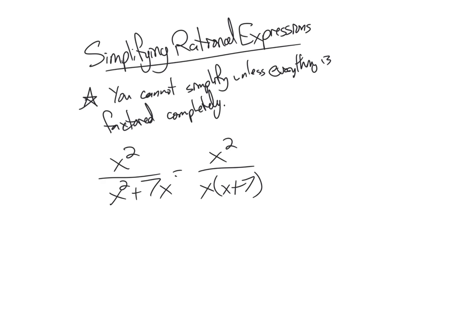Then I can say, oh, we're going to take one of these x's and simplify it with this x. And that will leave us with x over x plus 7. So it's factored completely if you have a product of factors. So here the product of factors was x and x plus 7. So again, right here, I cannot cancel those x's because it's not a product of factors.